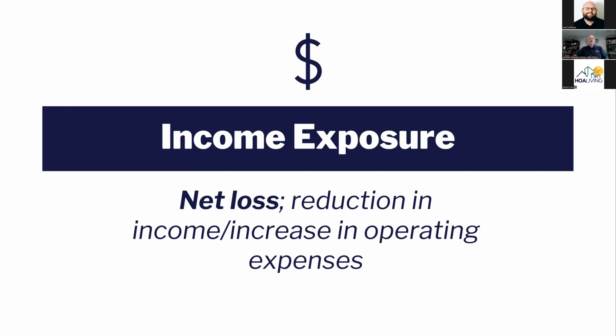So if you have a big ballroom or meeting space and you rent that out for weddings and meetings and dinners and things like that, and there's a fire, the property insurance is rebuilding, but that takes 4 months, and you had 20 events at $1,000 a night booked in that space. That's $20,000 of income now not coming in. So you can buy insurance to protect you.